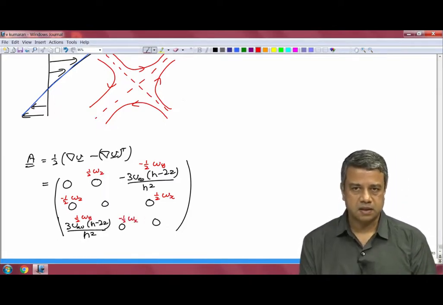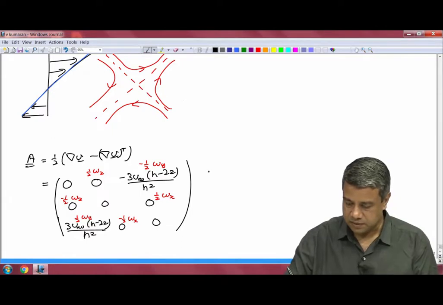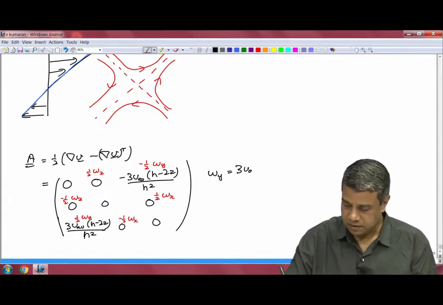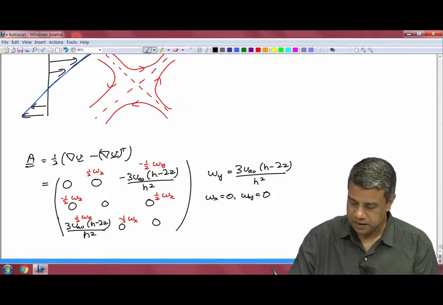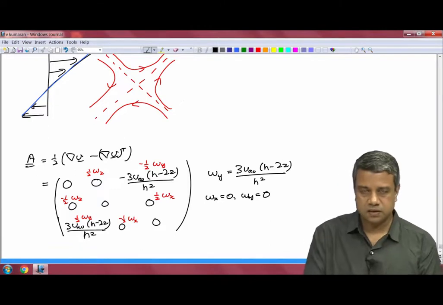We had done this identification of the elements in terms of the vorticity vector. What that implies is that for this deformation omega y is equal to 3 V average into (h minus 2z) by h square. Omega x is equal to 0, omega z is equal to 0. Therefore, the axis of rotation is in the y direction, perpendicular to the plane of the flow. That is also expected.